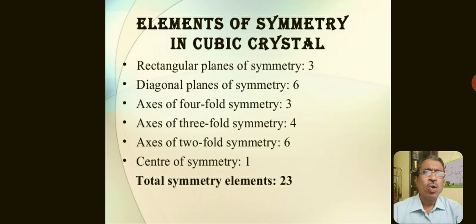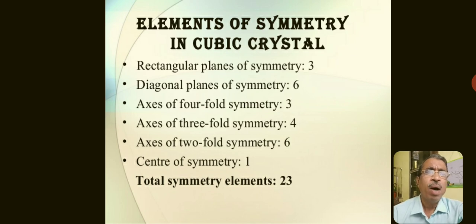Finally, in a cubic crystal, we have 3 rectangular planes of symmetry, 6 diagonal planes of symmetry, 3 4-fold axes of symmetry, 4 3-fold axes of symmetry, 6 2-fold axes of symmetry, and 1 center of symmetry. Totally, there are 23 symmetry elements.